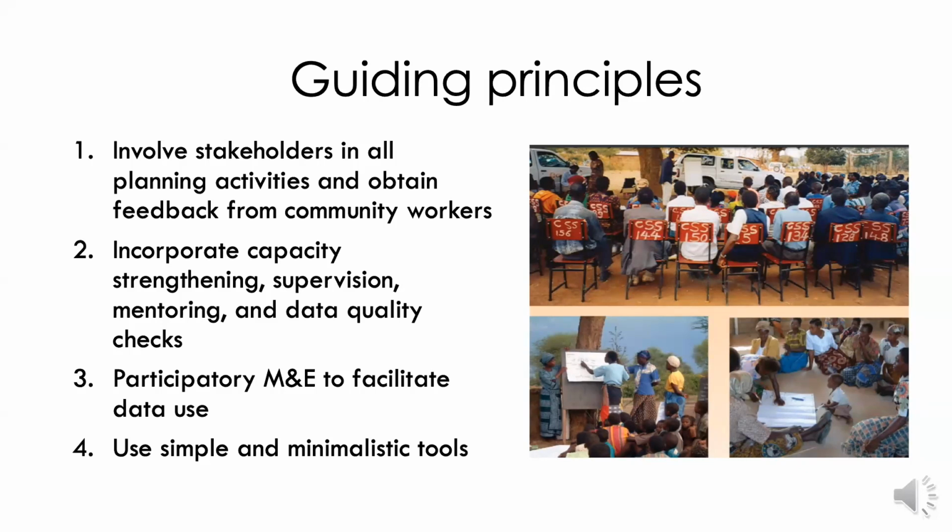Also, standard community engagement and participatory research or monitoring and evaluation approaches can be used to engage relevant community stakeholders for data use, including community dialogues, community health committees, appreciative inquiry, and community mobilization. It's also important to use simple tools.